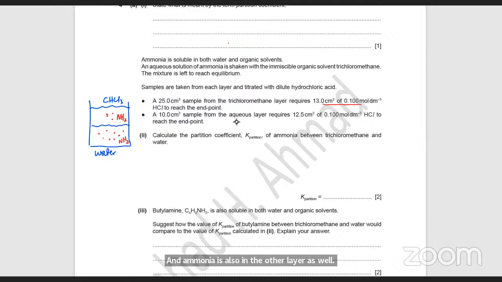He's doing titration. The moles of ammonia and HCl react in 1:1. So what are the moles of HCl? This 13 into 0.1, what will it be? 1.3 times 10 power minus 3 moles, right?